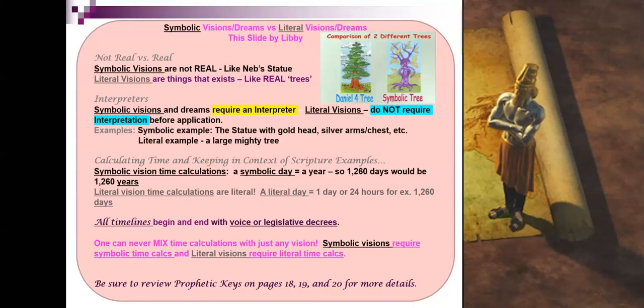The year-day computation principle is used only to interpret a symbolic timeline that is contained within a symbolic, historic, prophetic outline. And the examples given were Daniel 7:25, which is correct, but also referenced is Revelation 12:6. So the question was, is that reference to Revelation 12:6 correct?